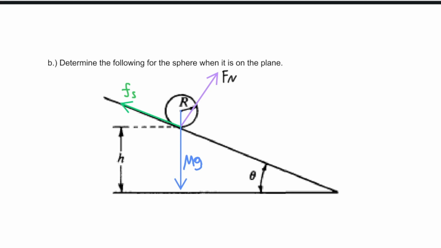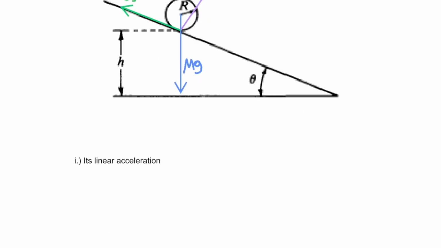Okay. This isn't necessarily the easiest thing to read, though. So we're going to want to break the mg force into components if we want to write a system of Newton's second law equations. So we want net torque and we want net force.